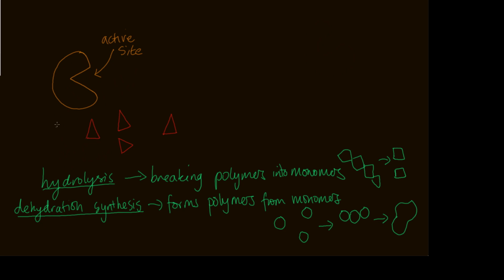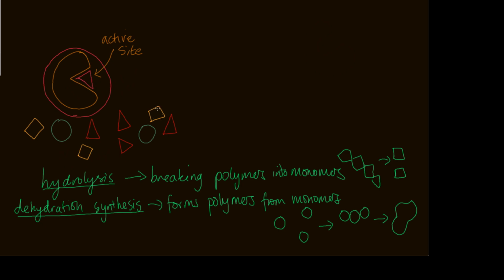Now we might have lots of different types of molecules floating around. But really, really important, something that we always must remember, is that the monomer that the enzyme is going to bind together into our polymer, so the enzyme that works for the reaction that we're talking about, fits into the active site here, and only that monomer will fit into the active site.